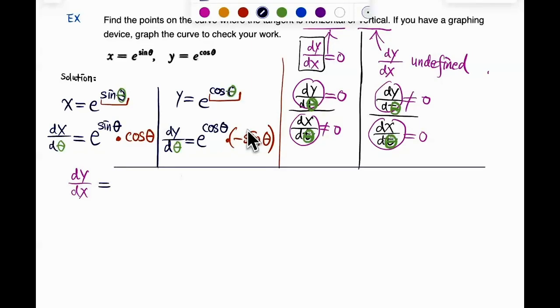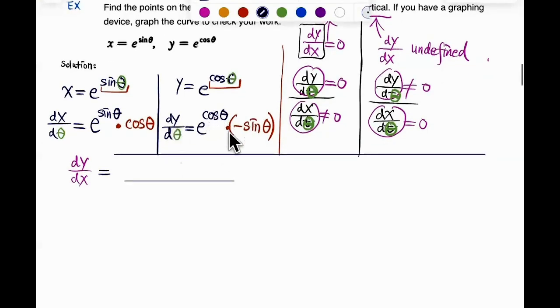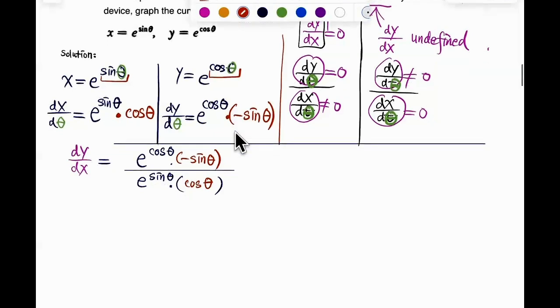And that's equal to e to the cosine theta times negative sin theta over e to the sin theta times cosine theta, right? Okay, good.